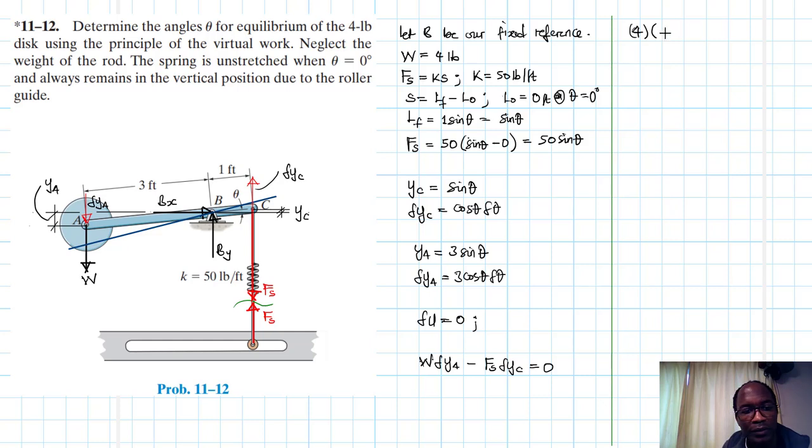Del YA is 3 cos theta del theta. Then we have minus Fs, we said is 50 sine theta. And then we have del YC is cos theta del theta.